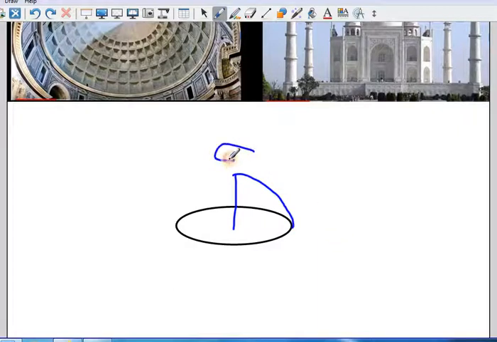If it rotates like this around the circumference of this circle, then we will have a dome formed like this. Okay, so this is called a dome.